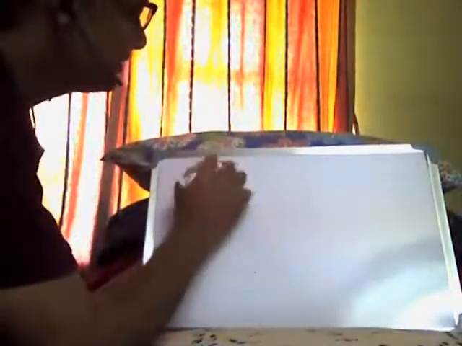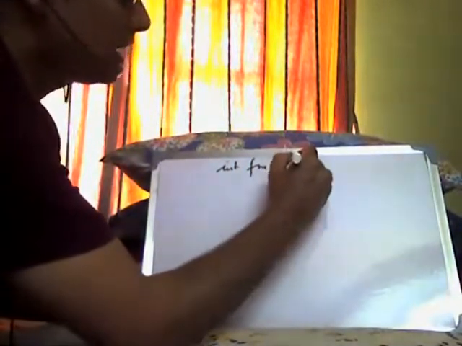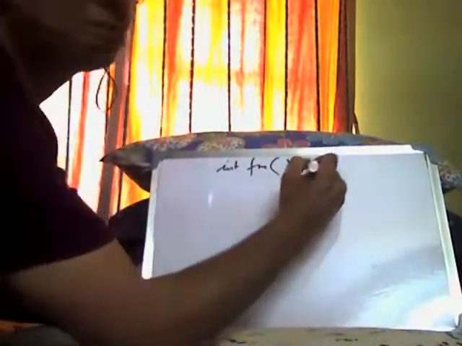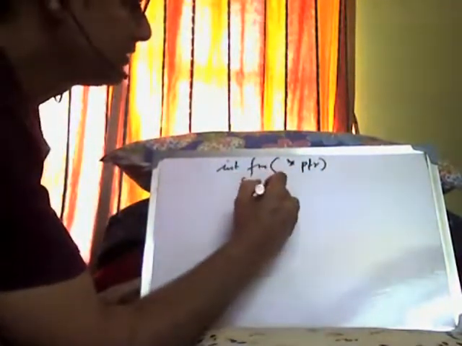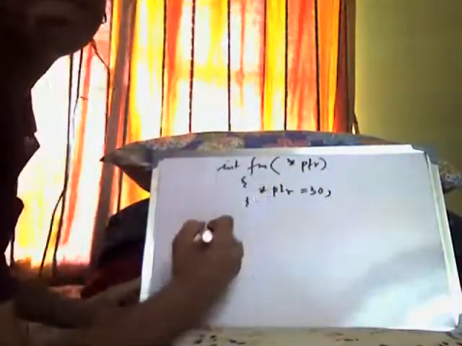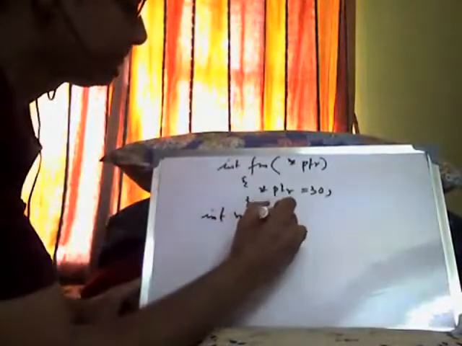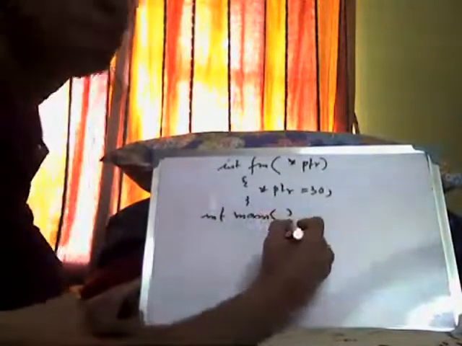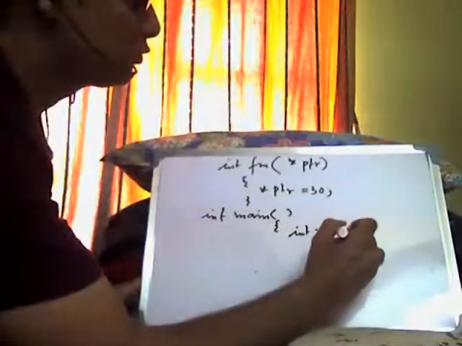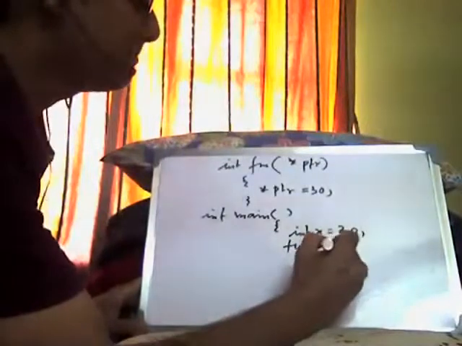Suppose the function is fun with star ptr, and then star ptr is equal to 30. Now in int main, within this, int x is equal to 20 and fun ampersand x.